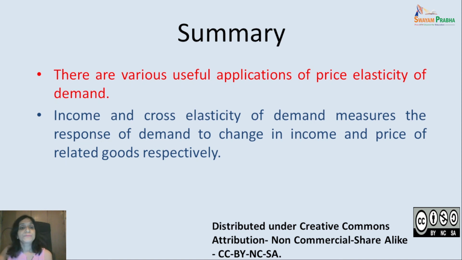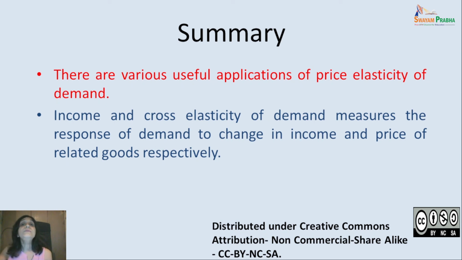Then we saw how income and the price of related goods also change the demand for a particular product. We saw that cross elasticity can be negative or positive, and by seeing the positive or negative sign, we can comment whether the goods are substitutes or complements.